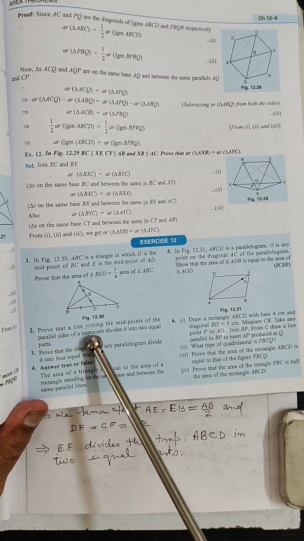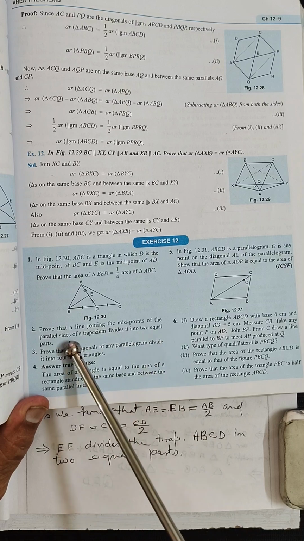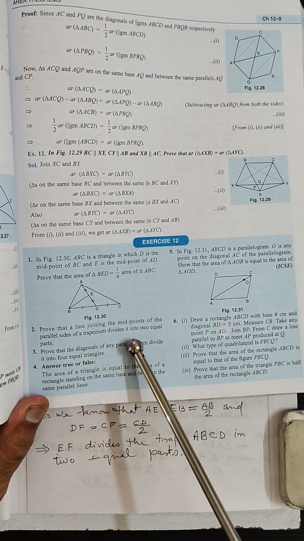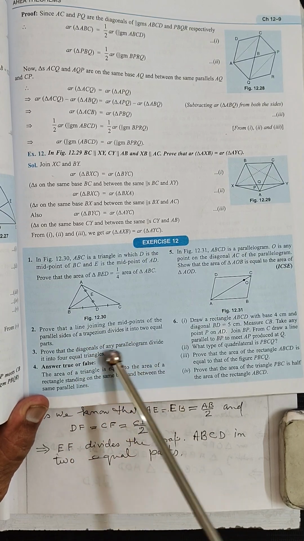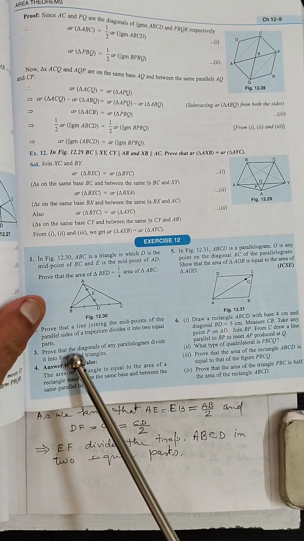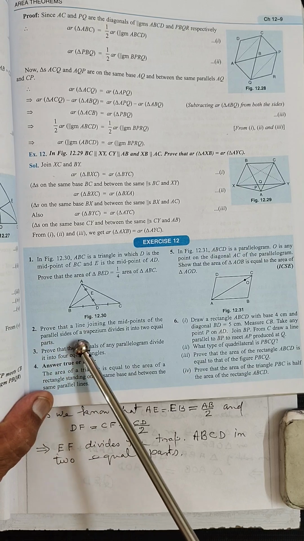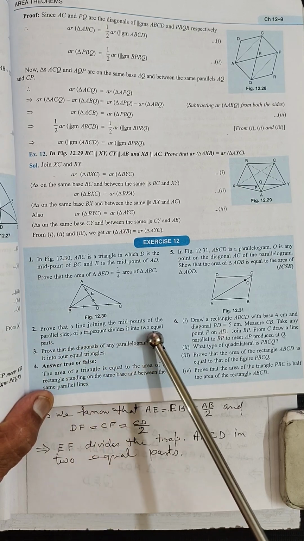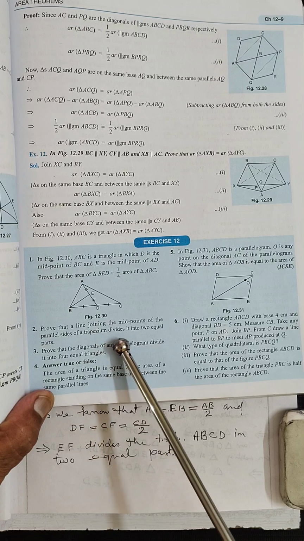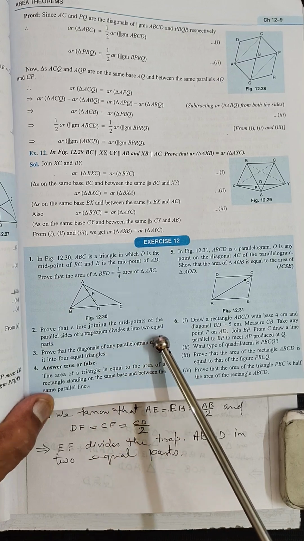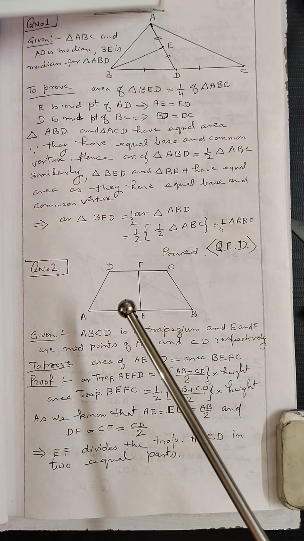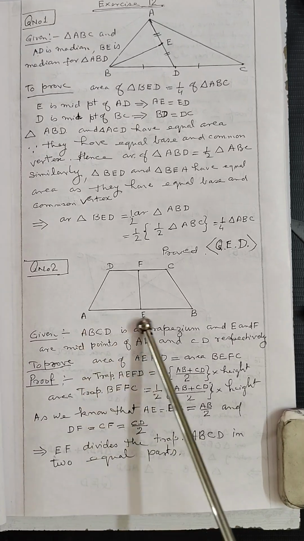Prove that a line joining the midpoint of the parallel sides of the trapezium divides it into two equal parts. I read it again. Prove that a line joining the midpoint of the parallel sides of the trapezium divides it into two equal parts. अब देखिए यहाँ पर trapezium क्या है?